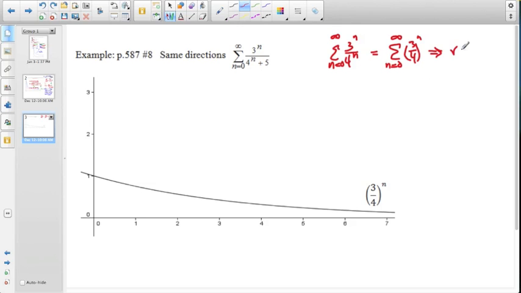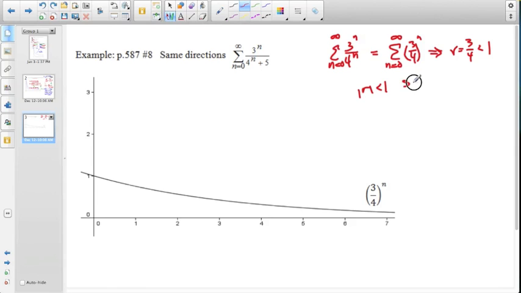If you remember, we're looking for that r value. Our r value is whatever's raised to a power, and 3/4 is raised to the power. That's less than 1. The criteria is that the absolute value of r has to be less than 1. So we have to trap r between -1 and +1, which we have done.